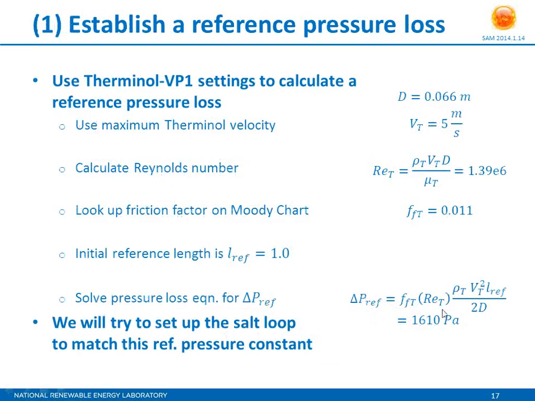And that becomes this equation. And our constant pressure that we're trying to match going forward is 1610. Now, don't try to interpret this pressure as really having anything to do with the solar field itself. This is more or less just a constant that we're going to try to match in the salt case.